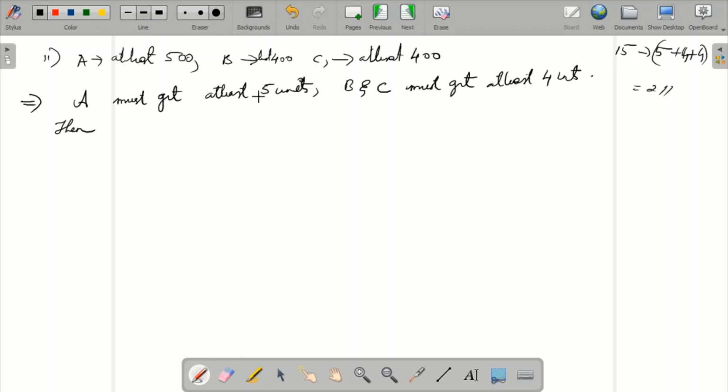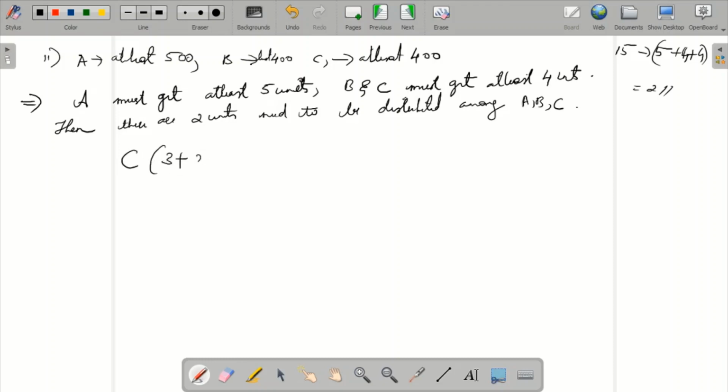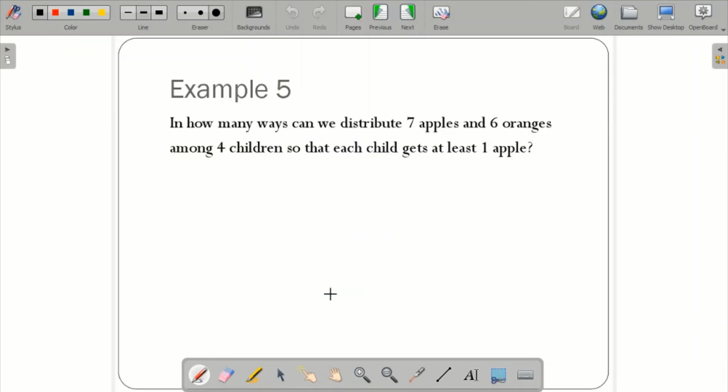Okay, so then 2 units need to be distributed among A, B, C. So the possible ways are the combination of 3 plus 2 minus 1 comma 2, so that would give you the combination of 4 comma 2, that is nothing but 4 factorial divided by 2 factorial into 2 factorial, so that would give 6. So this is the answer for example 4.